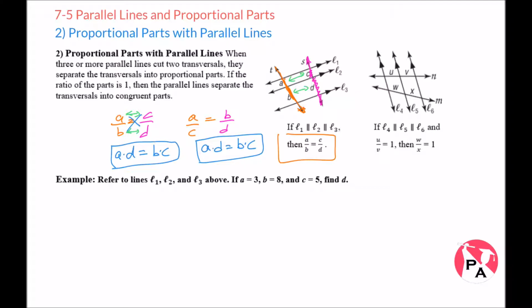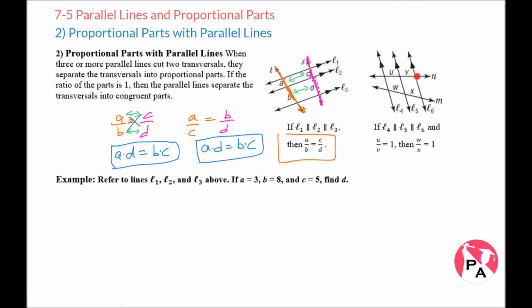It says if U over V, U and V belong to the same transversal. Line N, in this case, is a transversal because it cuts the parallel lines. And line M is another transversal. So it's exactly what we did right here. Choose the parts of the transversal.